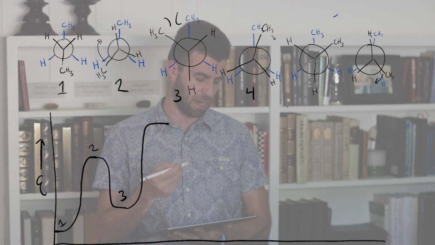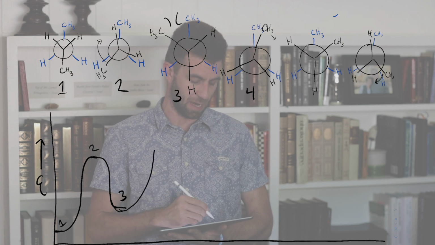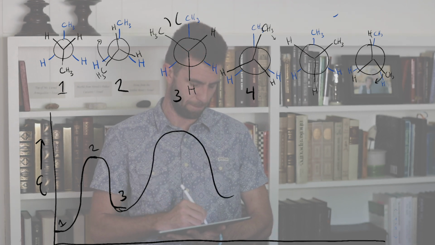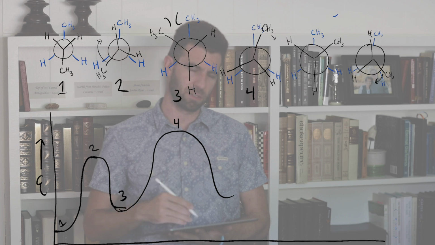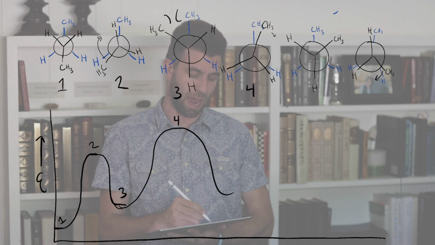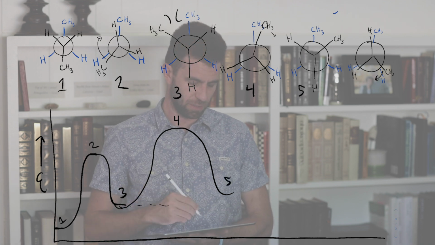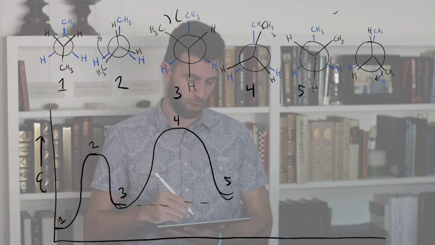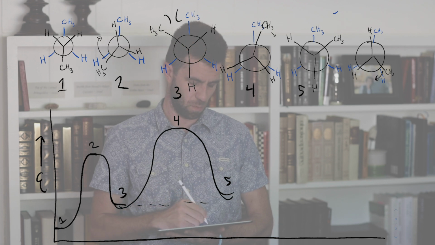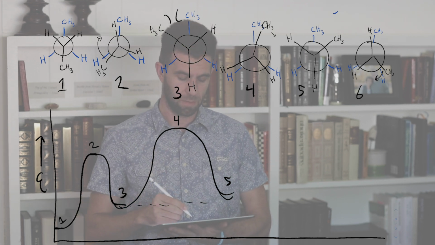Sorry, this should be a lot smoother line. Right, so there's going to be 4 up here where we eclipse the largest ones. And then as we go gauche again on 5, it's going to be, of course, this same energy level. Really should be the same energy level. And then we're going to go to 6, where we are yet again eclipsed.